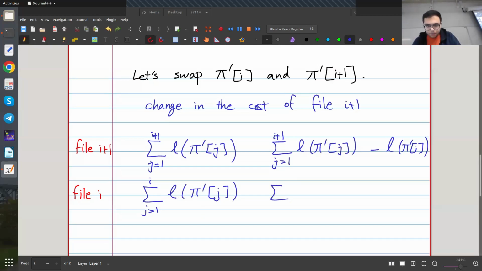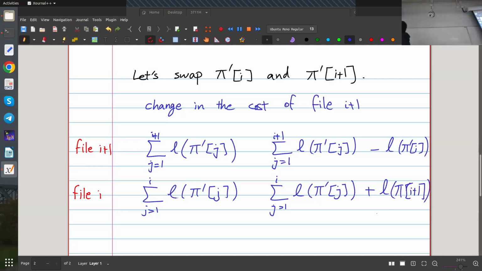So it's the sum of j from 1 to i of the length of P prime j plus the length of file i+1.